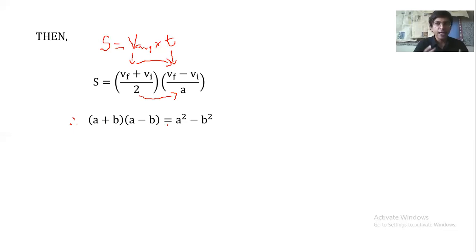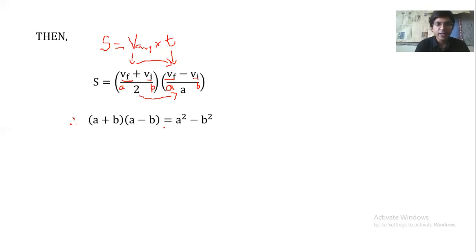Now suppose this Vf is A and this Vi is B. Then it becomes A plus B, A minus B, and A plus B, A minus B can be written as A square minus B square.